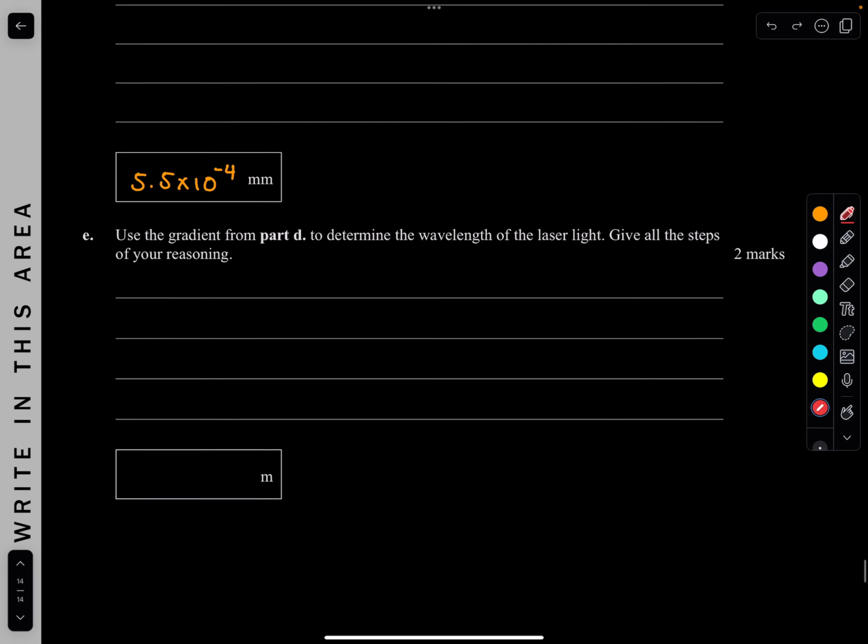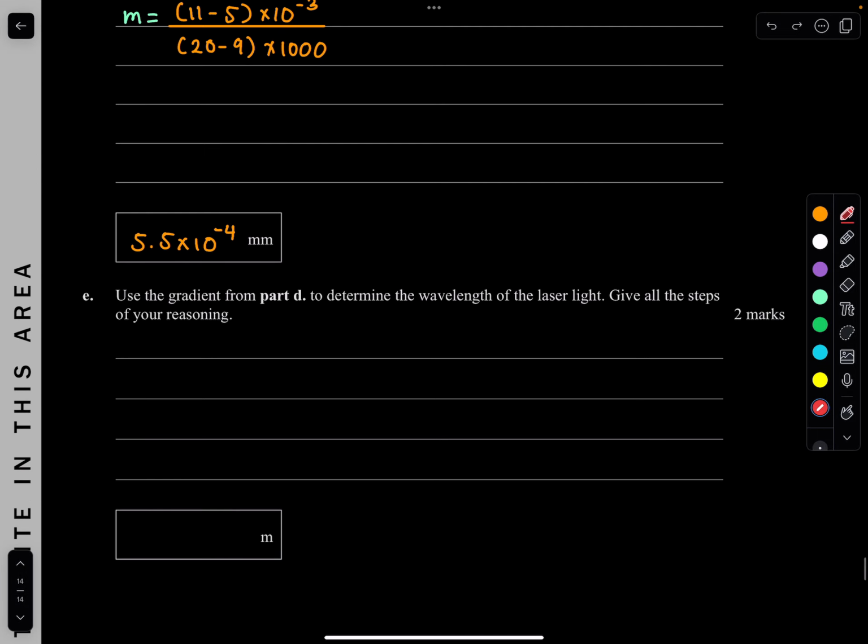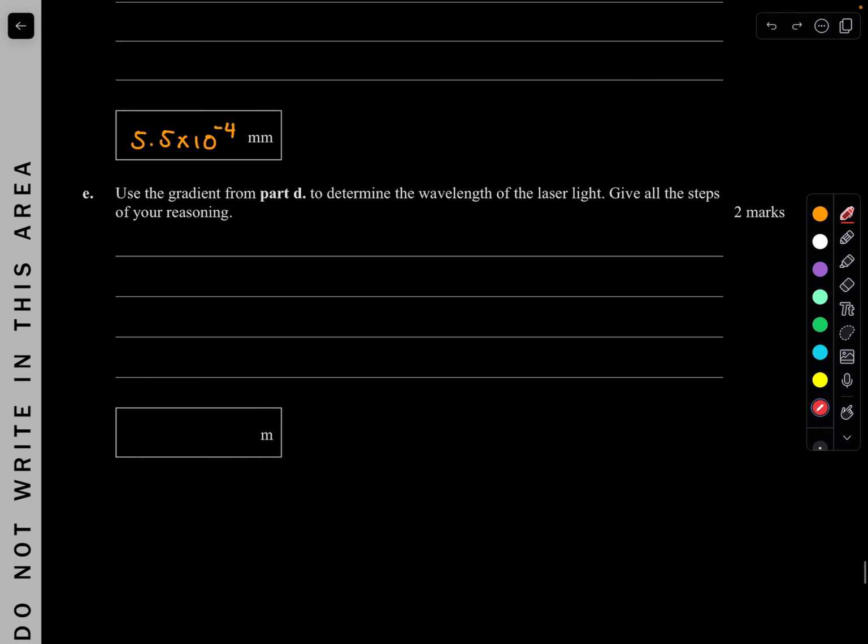Beautiful. So let's do that. Determine the wavelength. It's basically the same thing, but it's in meters now. So it's divided by 1,000 again. So that's the same value, but divided by 1,000. So basically it's 5.5 times 10 to the power of 1, 2, 3, 4, 5, 6, 7. So negative 7. Is that true? 1, 2, 3, 4, 5, 6, 7. Yep, negative 7.